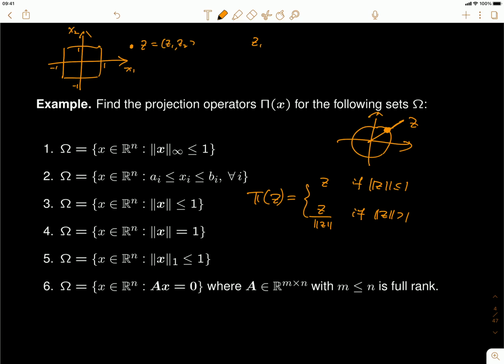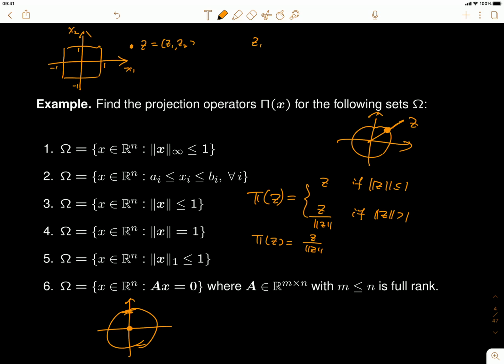Okay, so that's how we do that one. And similarly, to project to this surface, we just set pi of z directly to be z over the norm of z, no matter what z is, except for z equal to 0. This is my circle, and my projection point must be on the circle.